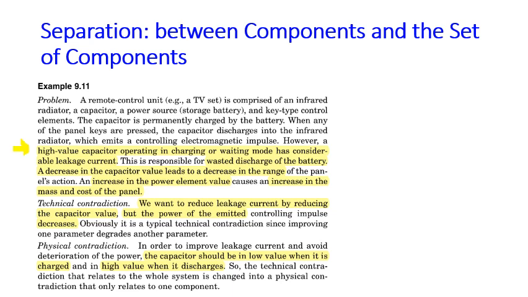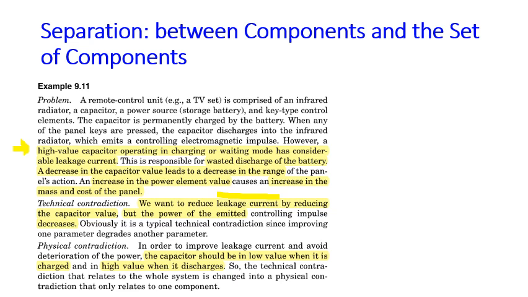However, a high value capacitor usually drains the battery a lot. So the contradiction here is that we want to reduce the leakage of the current, meaning that we want to conserve the battery, but we also want the power of the remote, meaning that we want to have high capacitor value. Because if we use a low value capacitor, we conserve the battery, but the power is not good.